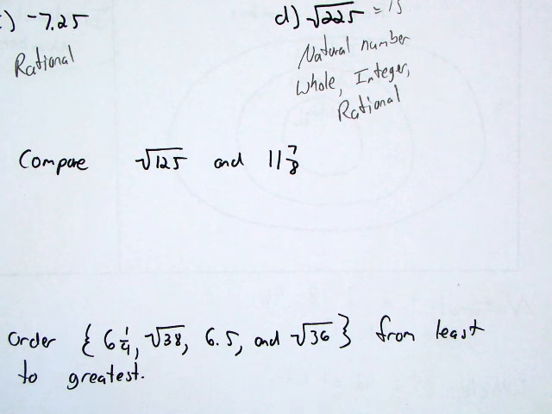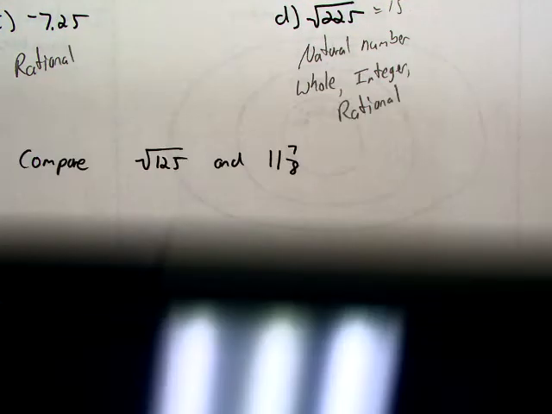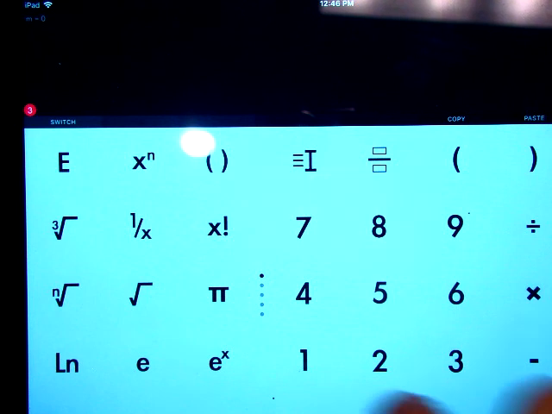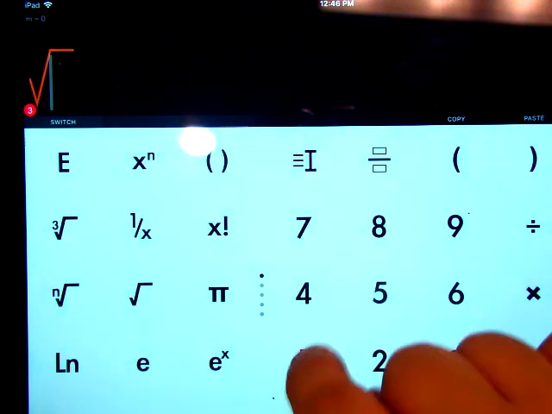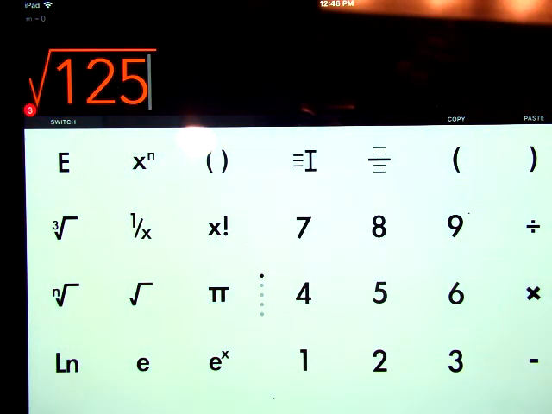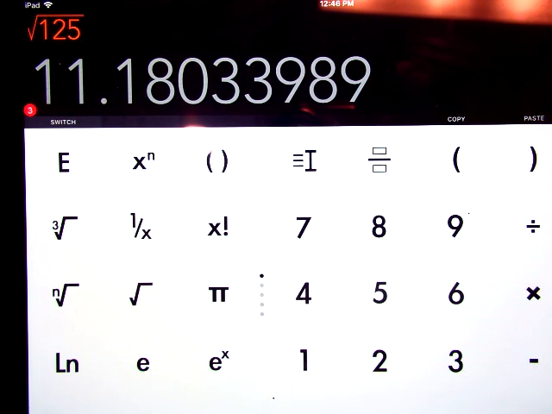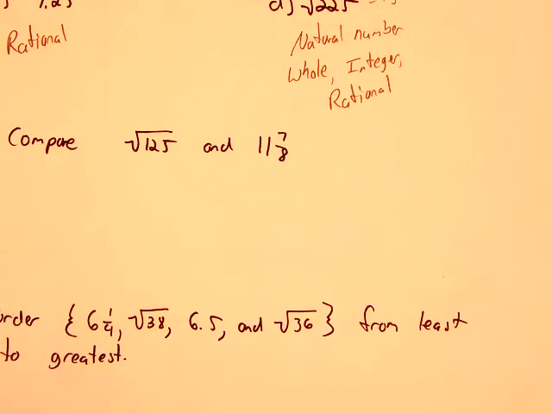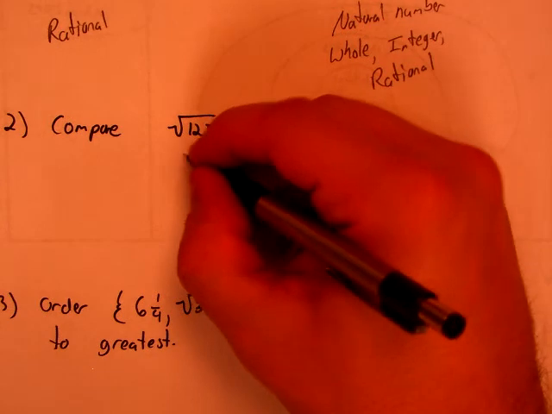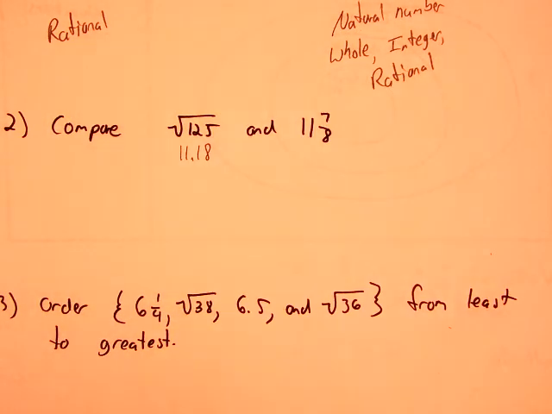So I'm using my calculator here to find the square root of 125. That would be 11.18 plus some stuff. So I'm going to write this down as 11.18.